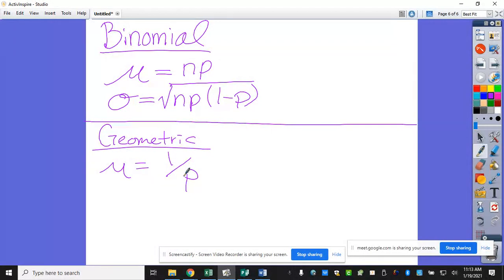Now, geometric is not on here with mean and standard deviation. The mean for geometric is pretty easy to remember, just 1 over p. The standard deviation one is not as easy to remember.